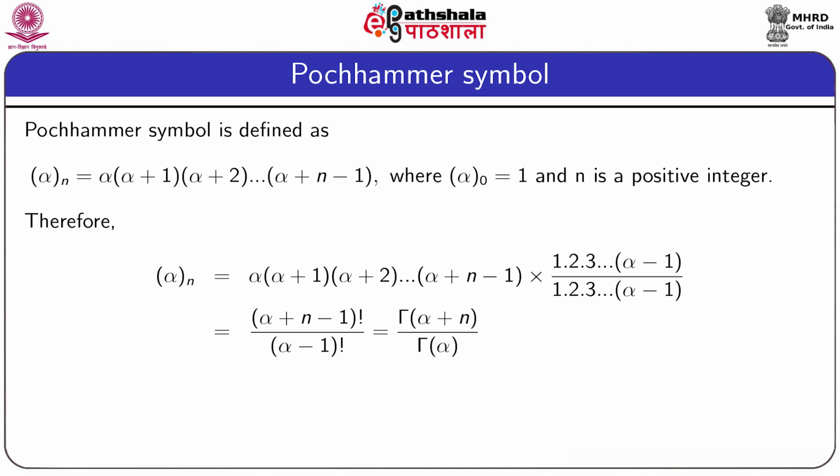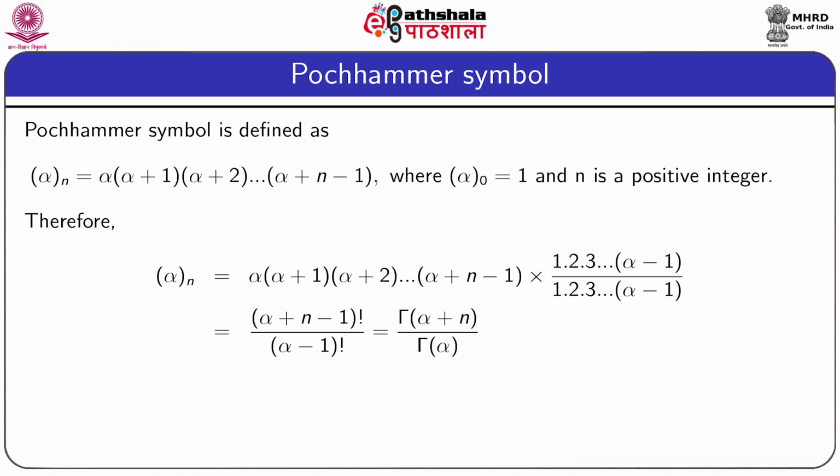And if you do that, the numerator becomes 1.2.3 dot dot dot alpha minus 1 into alpha into alpha plus 1 dot dot dot alpha plus n minus 1, which is nothing but alpha plus n minus 1 factorial. And by a similar argument, we can say 1.2.3 dot dot dot alpha minus 1 is alpha minus 1 factorial.